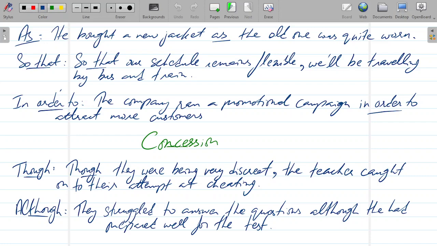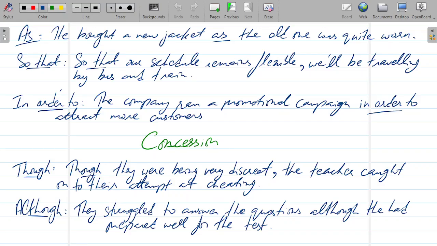Saying the same tense doesn't mean it should all be in the simple past tense. If you're writing in past tense, as you can see over here, struggled is simple past and had prepared is past perfect. So the same tense means all four variants of that particular tense. If I'm writing in the past, I can do simple past, past continuous, past perfect, or past perfect continuous. All four of them are valid, because all four of them are the past tense.